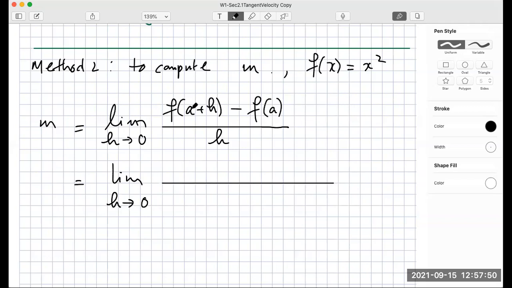What is f of a plus h? It's tricky. The function takes an input, and in our case the input is a plus h, right? Then the output should be a plus h, squared, right?